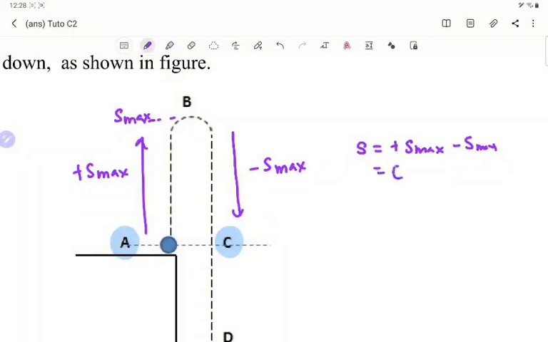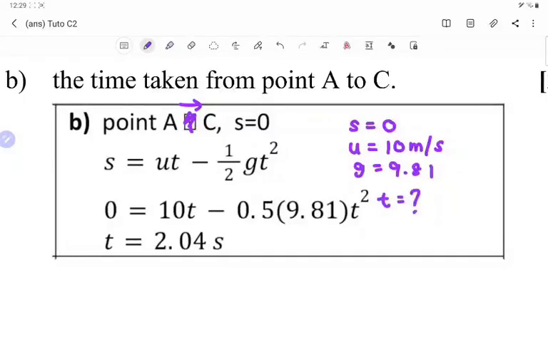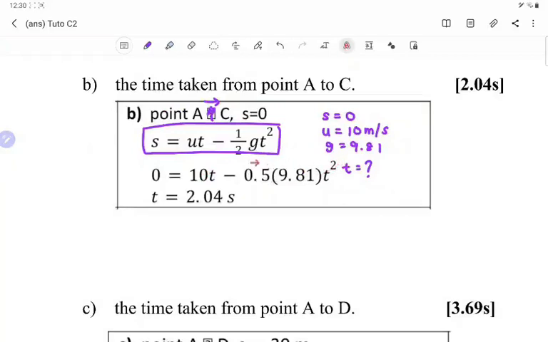So we get 0. So the information that we already know is that S is equals to 0, U is equals to positive 10 meter per second, G is 9.81, and then we need to find T. So the most suitable formula is S equals to UT minus half GT squared. Here, after you substitute the value, you will get quadratic equation.